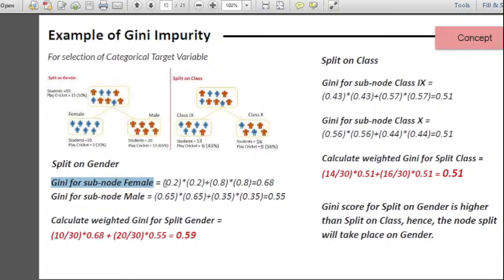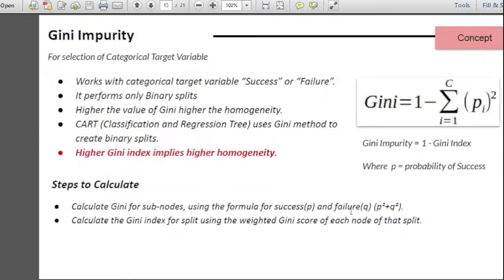So 0.2 into 0.2, P square, and 80% is the failure rate, meaning they don't play cricket, Q square. This will give you the Gini for the subnodes.